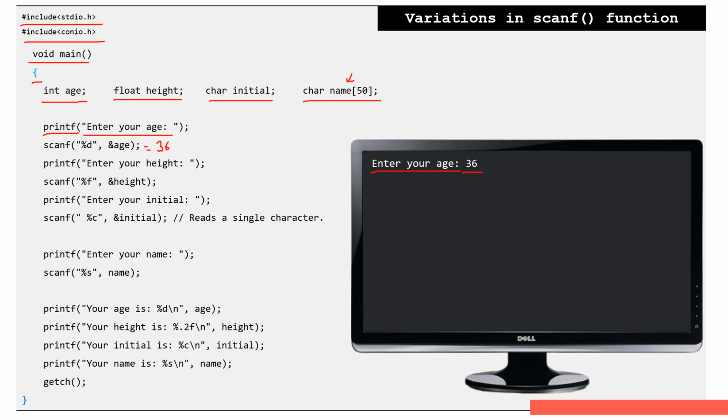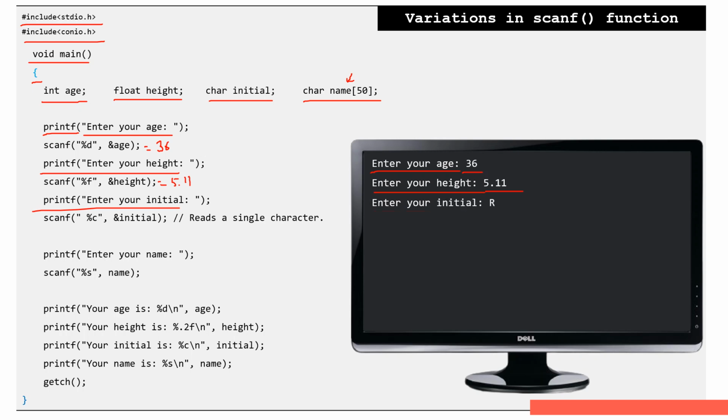Then secondly, enter your height. So you can see that the text is printed on the screen as it is. Suppose the user enters 5.11. So height will become 5.11. Next is enter your initial.